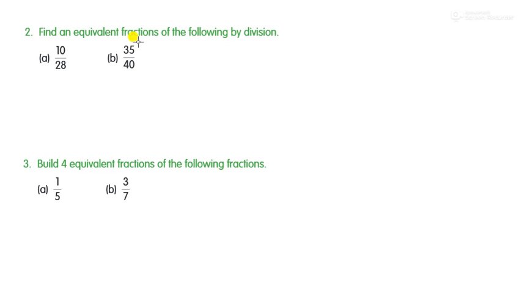Here find an equivalent fraction of the following by division. A, it is 10 by 28. So here we have to find out the equivalent fraction by using division. So here 10 by 28, if we divide the numerator and denominator with 2, we will get an equivalent fraction. Here 2 5s are 10, 2 14s are 28.